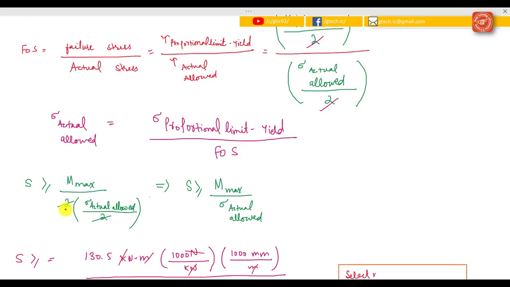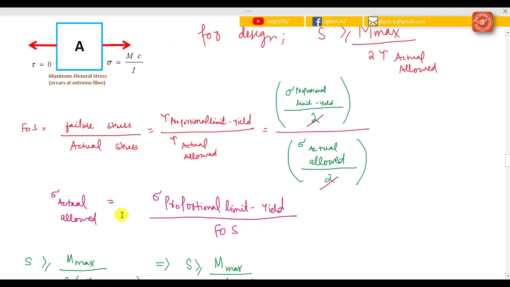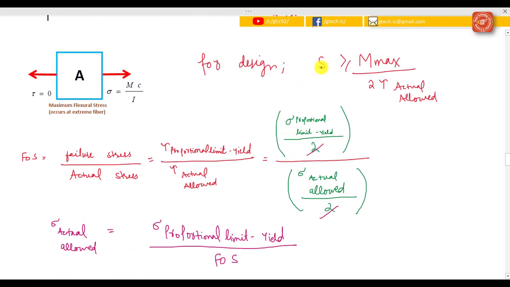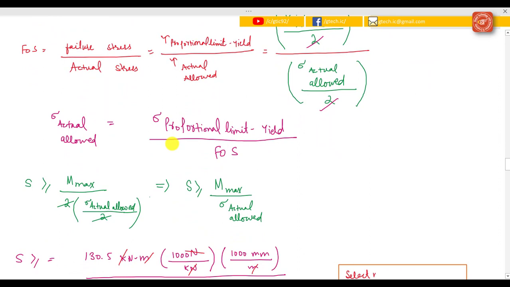So we will substitute in tau actual allowed as being sigma actual allowed over 2. From here you see the section modulus S is greater than or equal to moment max over 2 times tau actual allowed, and tau actual allowed is calculated as here, that is the actual allowed normal stress over 2.